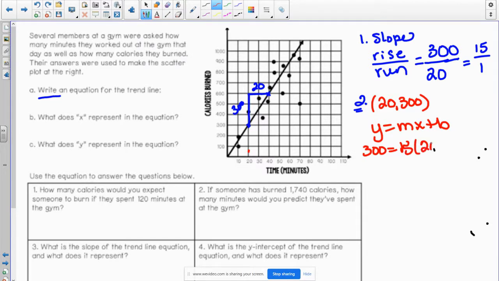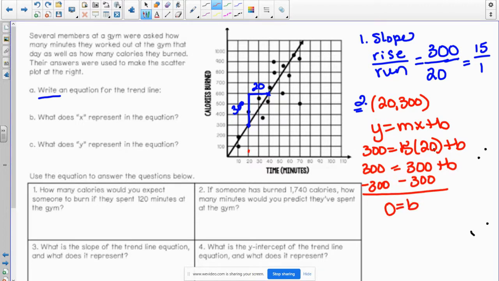My x is 20, and my y-intercept is unknown. So 15 times 20 is 300. Add the b would be 300. If you subtract 300 to solve for b, I get b equals 0. So I was right in my guess, which makes mathematical sense, as you can see it crossing there.